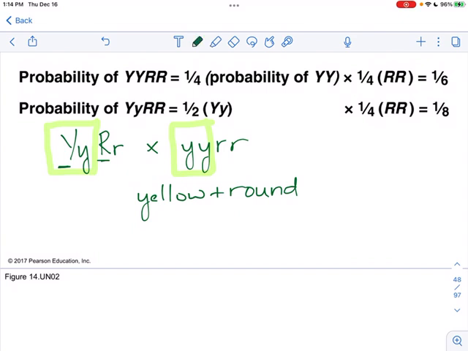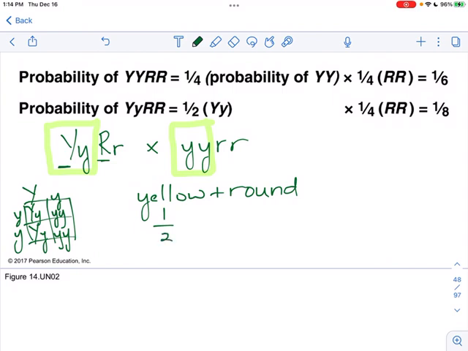If I picture this Punnett square really quickly, I can see that 2 out of 4 boxes carry that big Y dominant allele. So 1/2 of the time, I'm going to end up with yellow offspring.